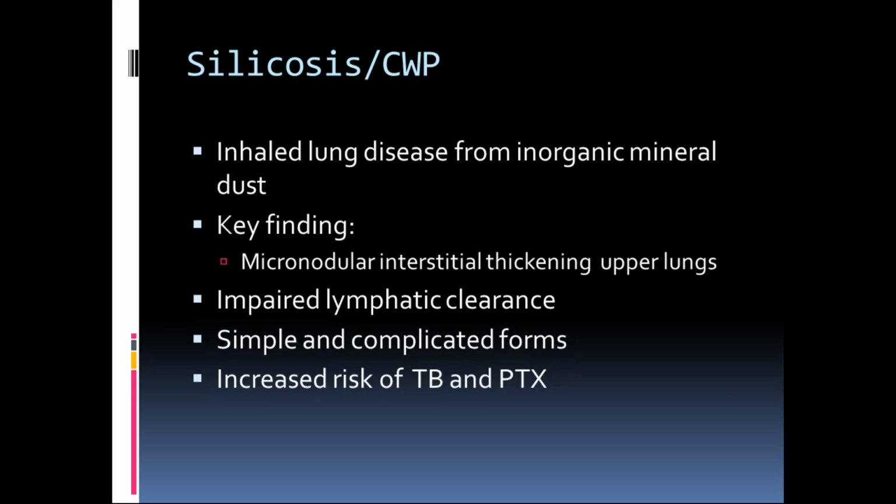All right, its cousin. Let's move into silicosis and the coal worker's pneumoconiosis. Now this is a little bit different, and I like to call it a cousin because it has similar findings, but it's in a different location, okay? The heavy fibers of the asbestos fall. Well, silicosis and all the inorganic minerals, the dust that comes from these things, rise, okay?